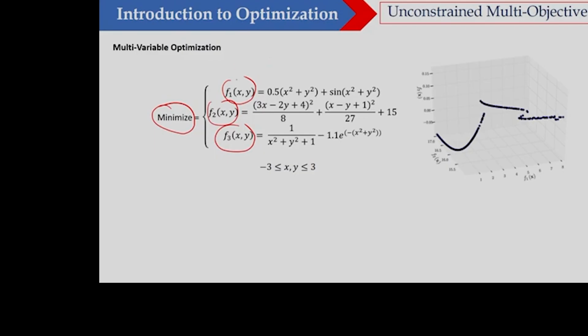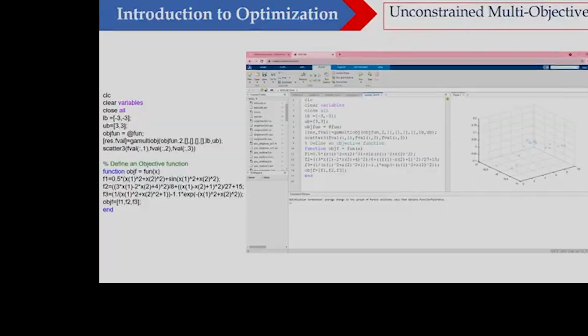So f1 is a function of x and y, f2 is also a function of x and y, and f3 is also a function of x and y. If I solve this particular problem, I should get this Pareto optimal form, and let us see whether I get the same Pareto optimal form here. Now, this is the MATLAB code.